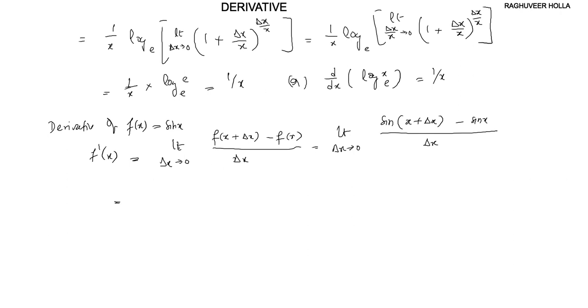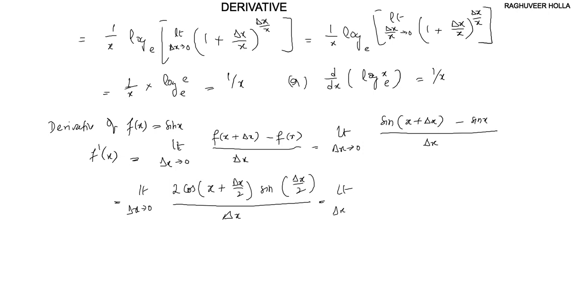Now this is equal to limit delta x tends to 0. Now this is 2 cos x plus delta x by 2, okay, sine delta x by 2, right?